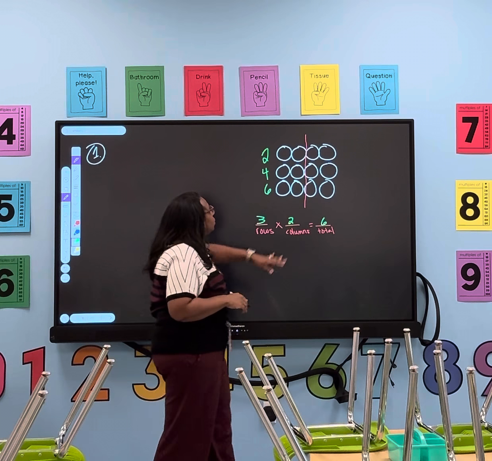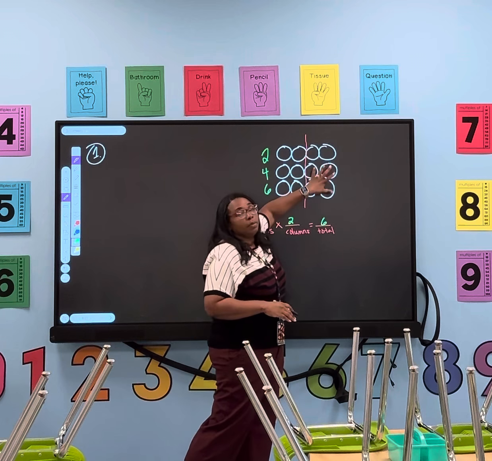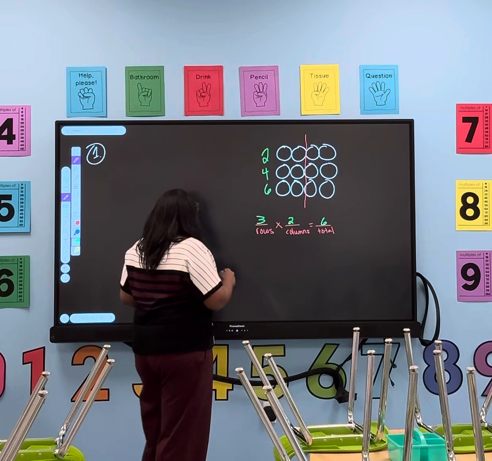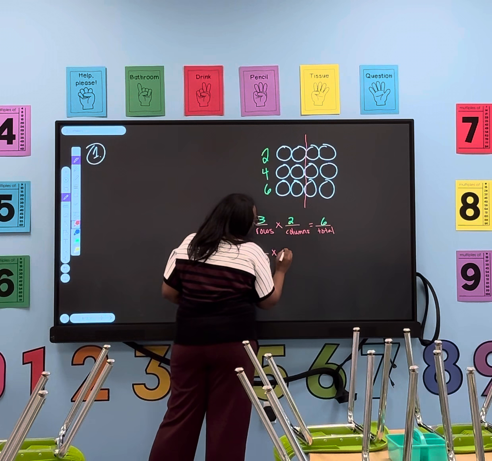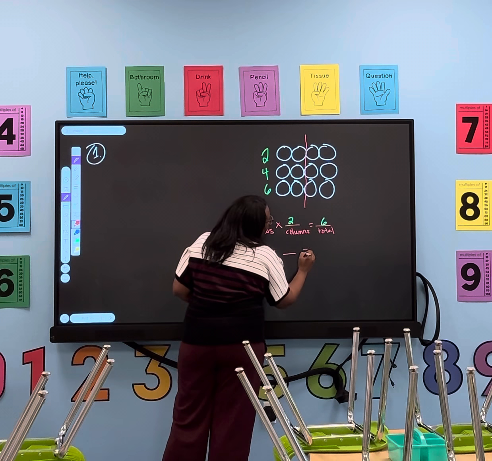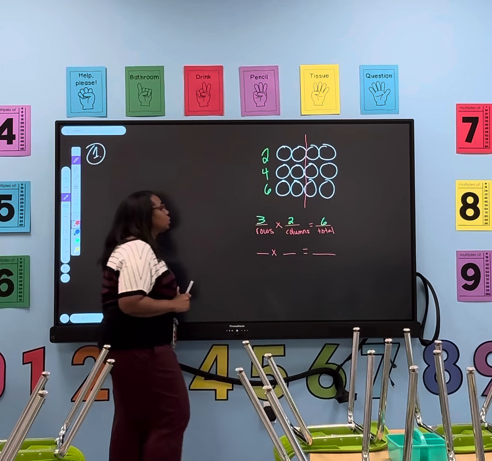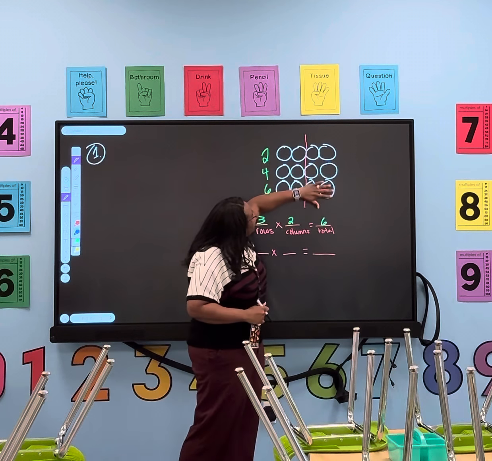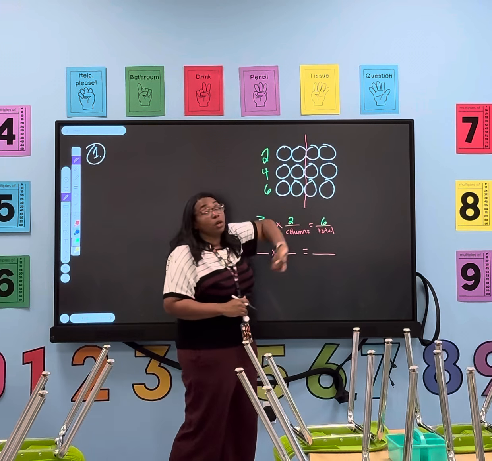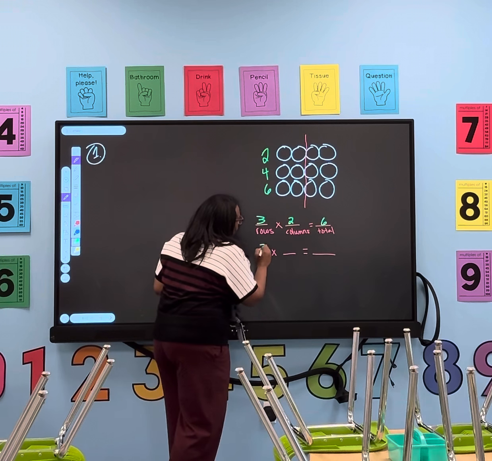Now I'm going to do this second array. Again, I'm going to draw my lines. Remember, the first line is the rows, the second line is the columns, and the last line is your total. On this side I have 1, 2, 3 rows again, so 3 is first.